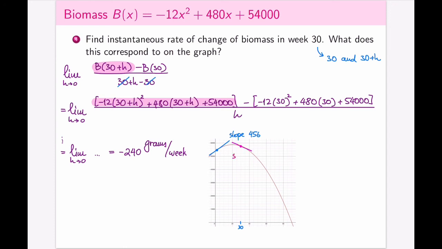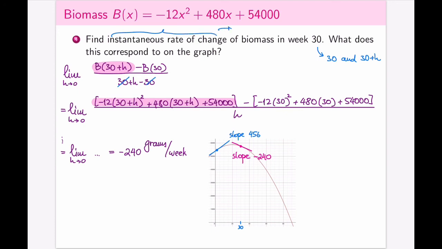So this has the slope, as we've just calculated, of minus 240. So our calculations confirm what we see on the graph. At the beginning, the biomass is increasing, and after a certain point, which looks like approximately 20 weeks, it starts decreasing.